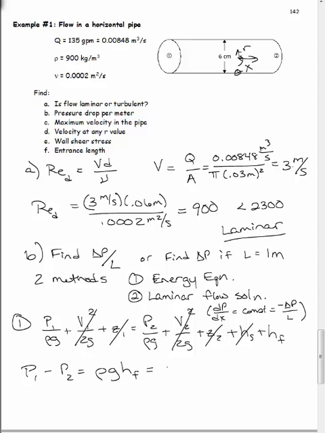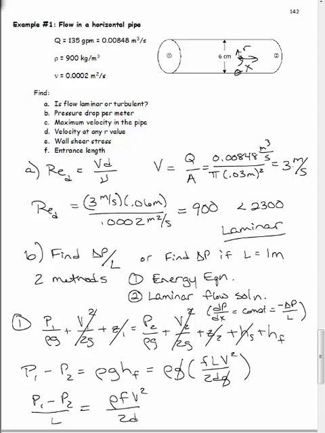Okay, and if you remember, we had an equation for HF, rho g times FLV squared over 2Dg. G's cancel. And what we want to do is just bring that L over. And we're going to get P1 minus P2 over L equals rho F V squared over 2D. All right? And that's what we're looking for.